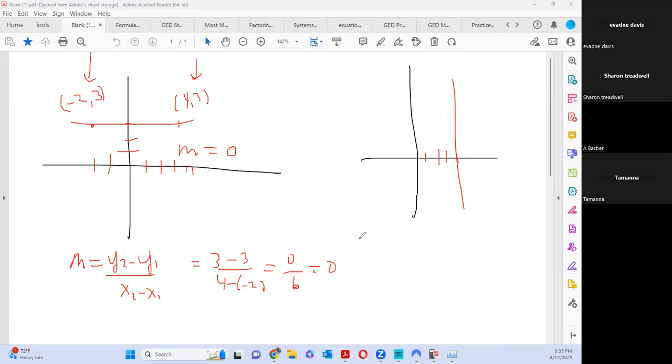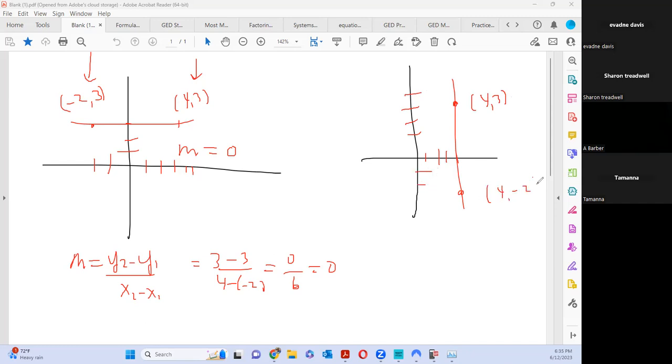Well, the same thing applies for a vertical line. Now, your x's are going to be the same. So if I take this point, and I'm making these up, this is 4, 3, because x is first. So we want 4, and let's call this minus 2.